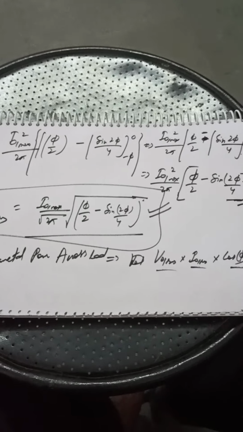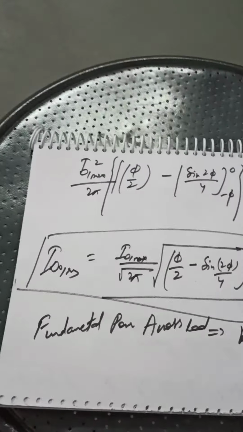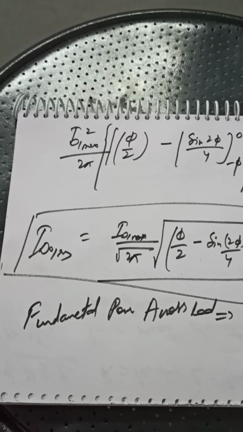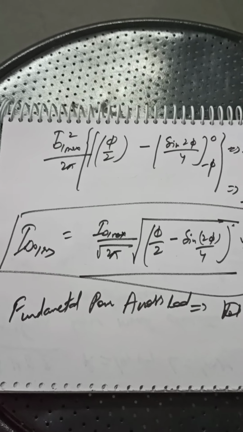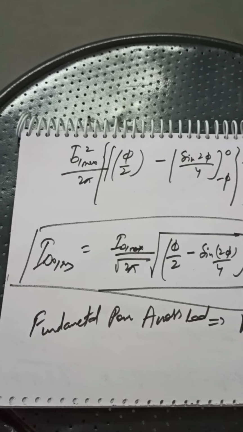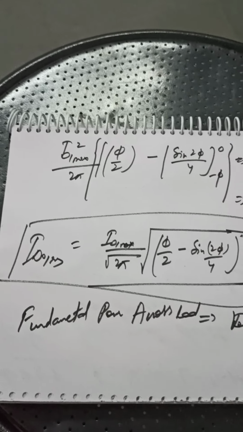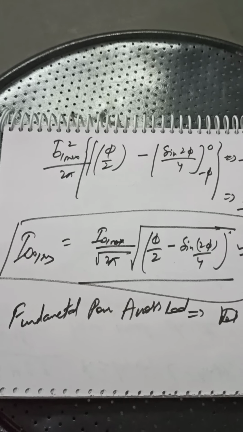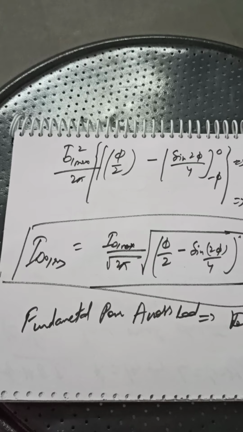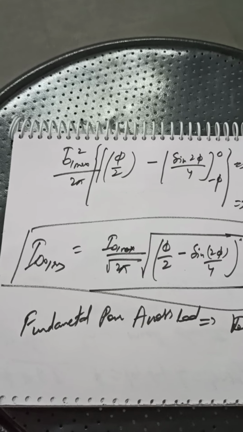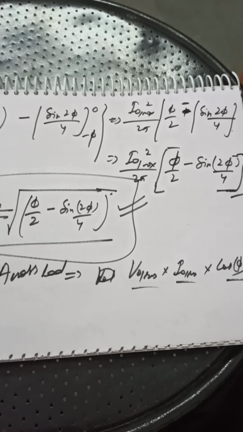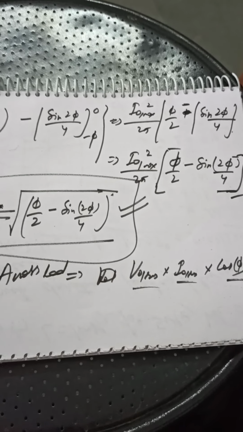Now somebody asks you what will be the fundamental power that will be delivered by our inverter across the entire load. This is quite easy to calculate. We will simply calculate the fundamental power by putting the fundamental RMS value of current.